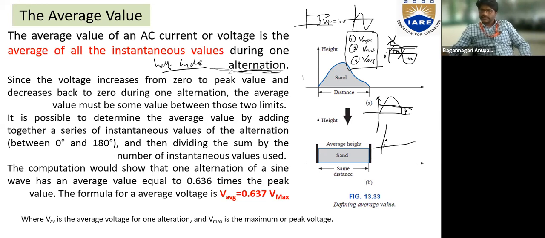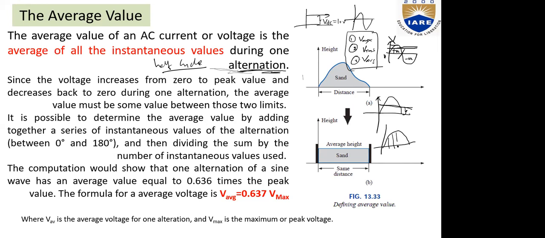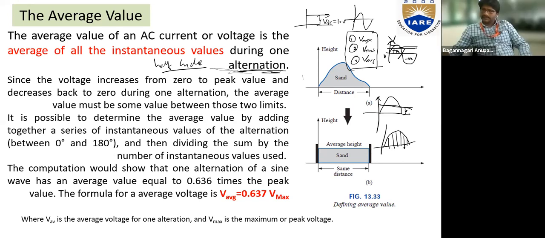Take this positive half and divide it into sections of various instants. I have divided this waveform from 0 to 180 into 6 segments, 1, 2, 3, 4, 5, 6. So consider these other two as well, right? So now I can divide this into 7 levels, 7 instants.